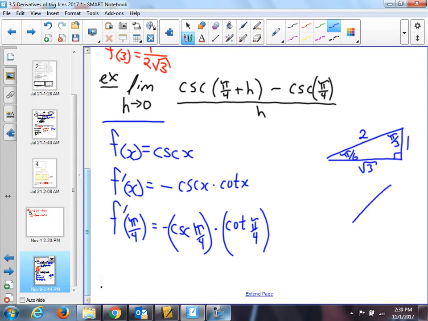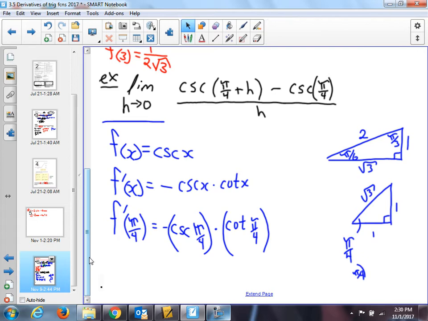Pi quarters, this one, 45 degrees. I don't like saying 45 degrees, but pi quarters. What's the triangle? 1, 1, radical 2, right?